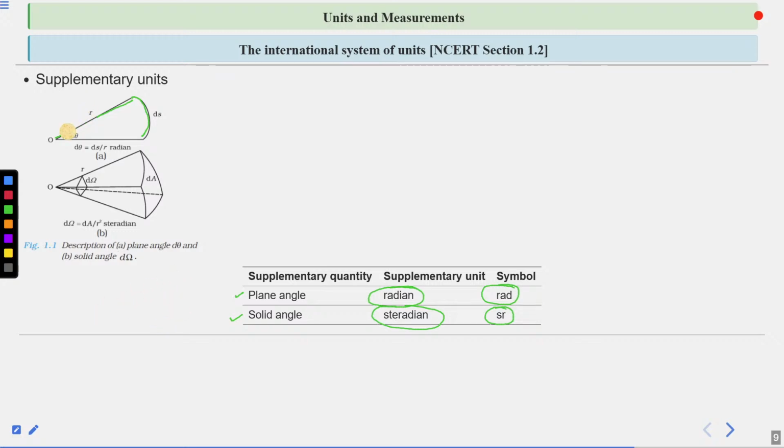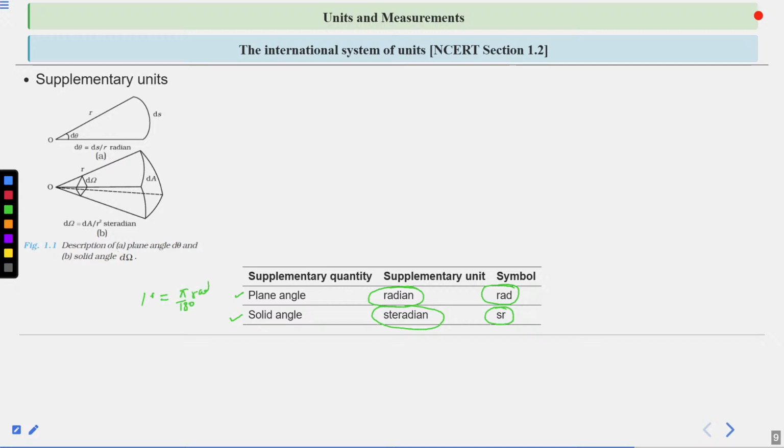If you have any doubt, please ask related to these supplementary units. Example on solid angle we will solve in an upcoming lecture. So in the previous slide we already learned 1 degree is equal to pi divided by 180 radian.